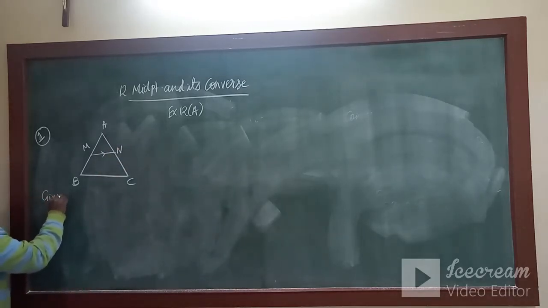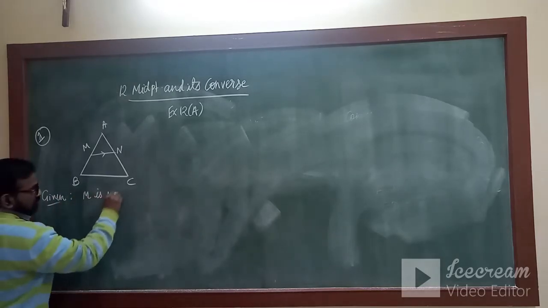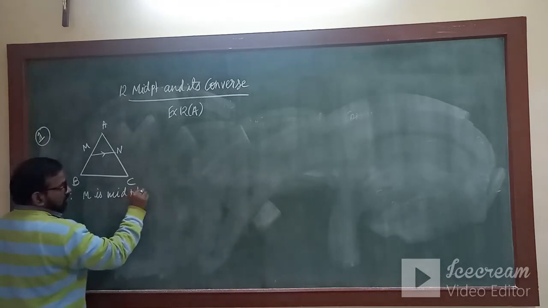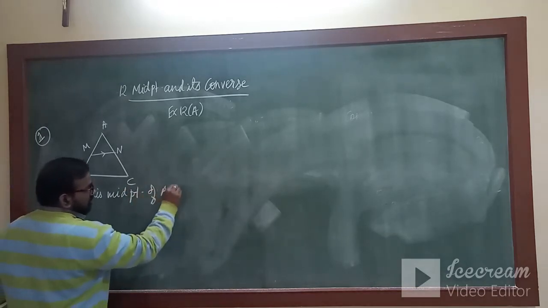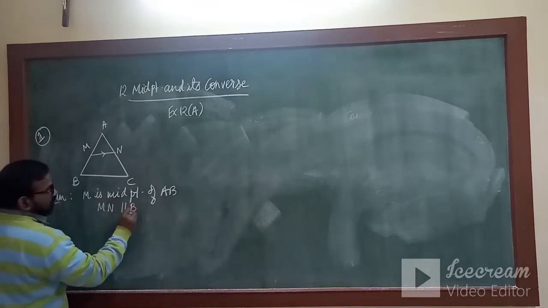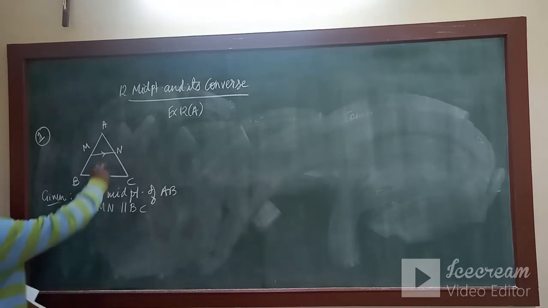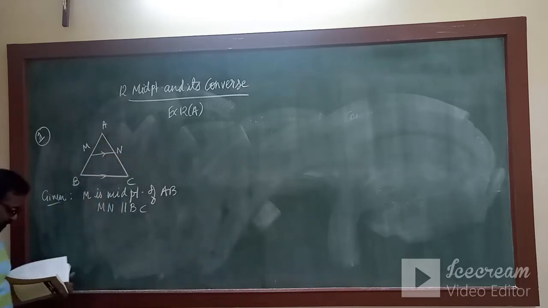So what is given in this? M is the midpoint of AB, it is given, as well as MN is parallel to BC. These two things are given. So we have to find the length of AN and MN.